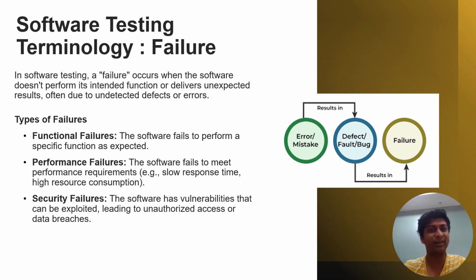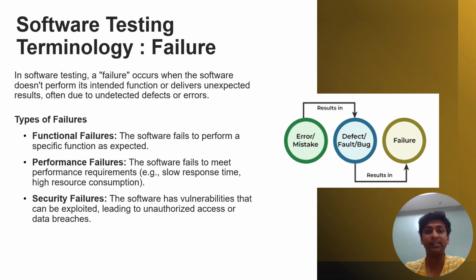That's a failure, right? You're doing some task and your system suddenly stops. That's hilarious, right? So why did this happen? Because there were some errors going on previously. Those errors converted into defects or bugs that result in failure.